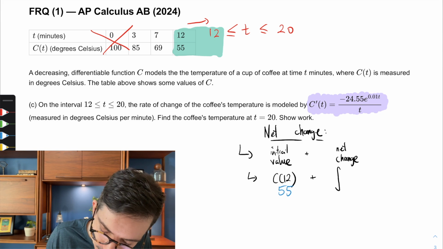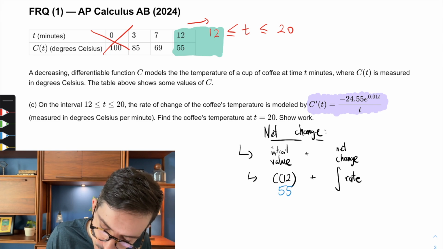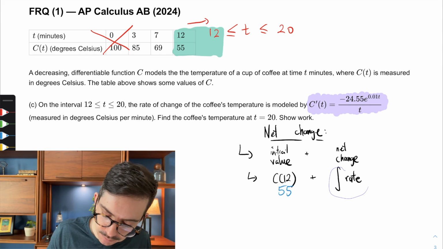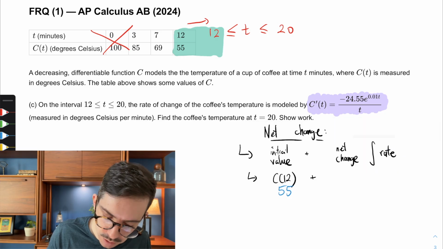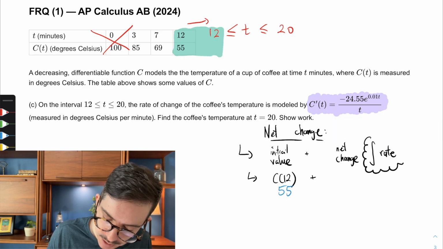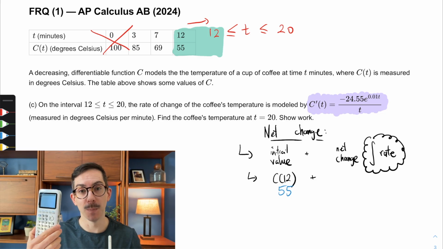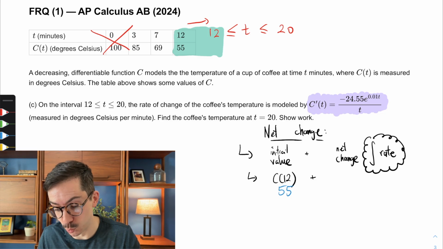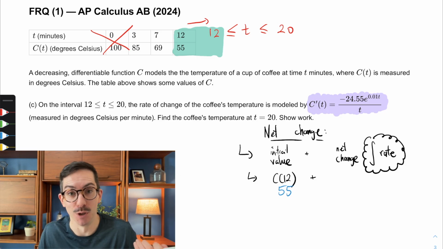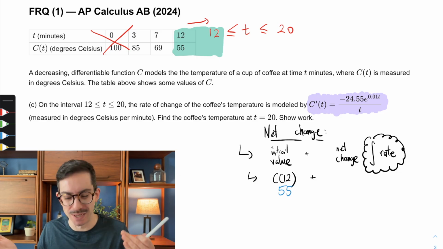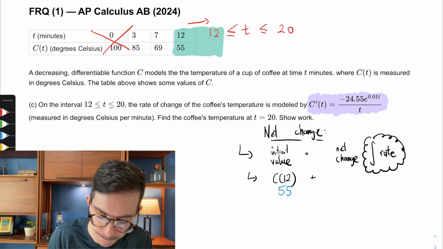So what I'm going to do here is integrate a rate. That is what the net change theorem tells us to do. And it's a good thing that we have our calculator, because I don't know how to integrate the formula for C prime of t. That's the whole point, giving us one we can't do easily by hand.